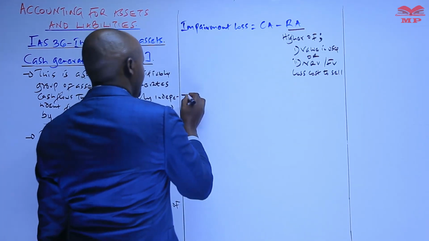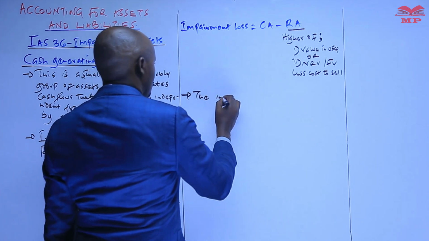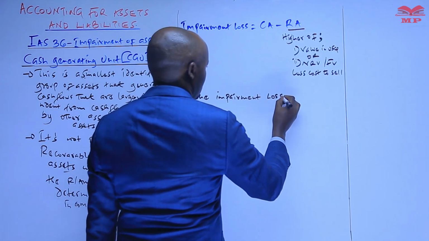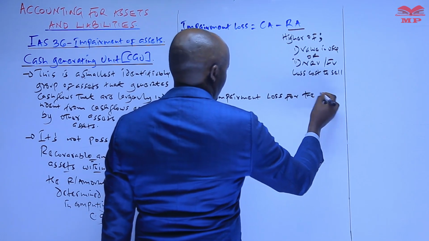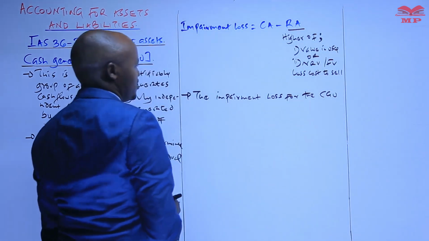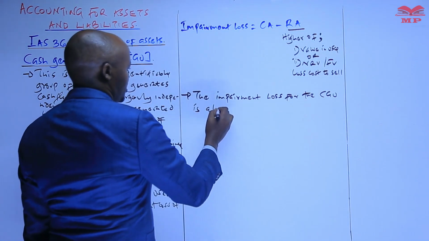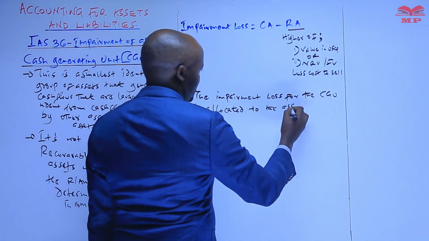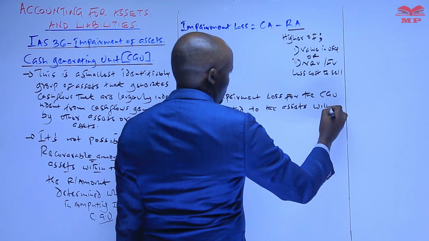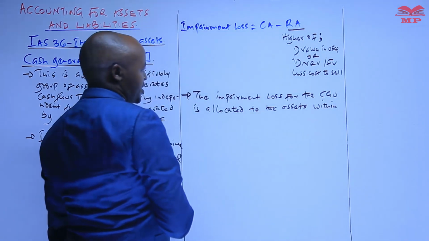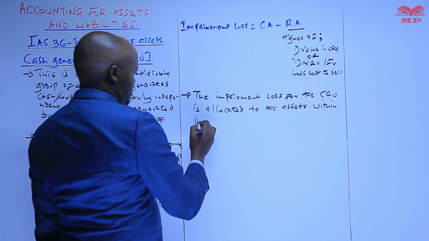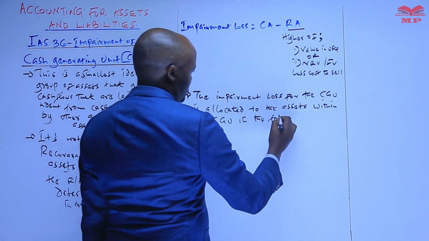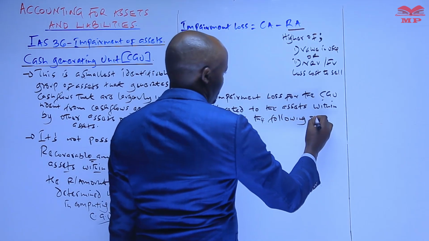So therefore, you can say the impairment loss for the CGU, cash generating unit, is allocated to the assets within the CGU in the following order.